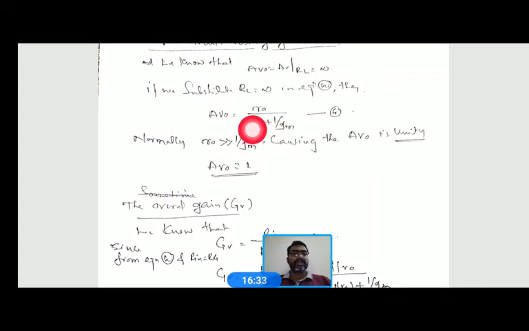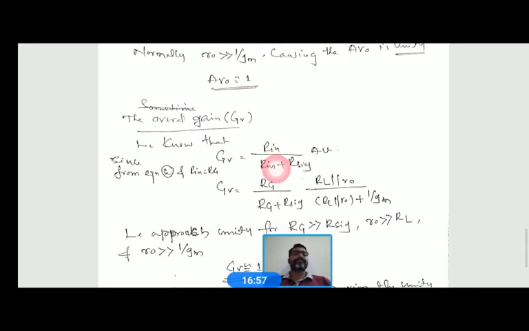You can see in equation 6 that 1 by gm has not much effect because R naught is very high. So this equation becomes R naught divided by R naught, which cancels, and AV naught is approximately equal to 1.